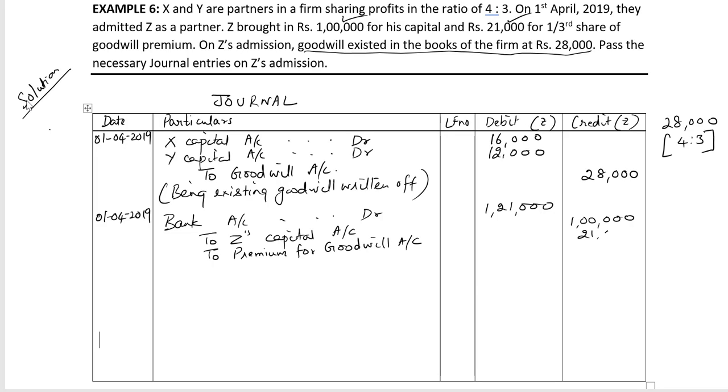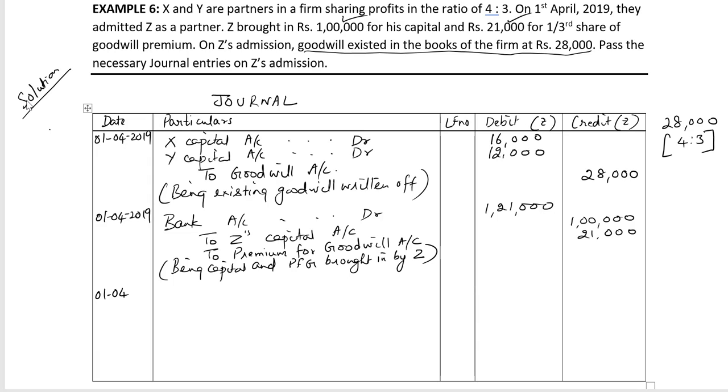Rupees 21,000 premium brought in by Z, being capital and PFG brought in by partner Z.